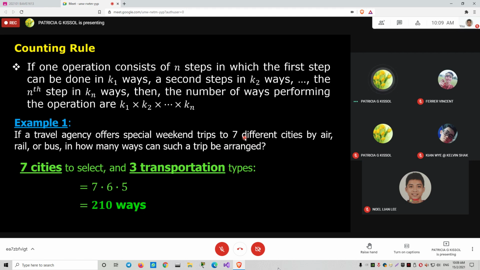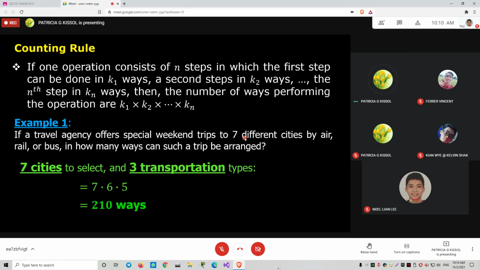Aeroplane is definitely yes, but only for rails and bus, some cities can be traveled within. Like for us, if we want to go to Thailand, we can still use the bus, right? But if we want to go to Europe, it's a definite that we must use the air. So for this example, basically, how many ways can such a trip be arranged is focusing on the 7 cities, not the transportation. Is that clear, class?